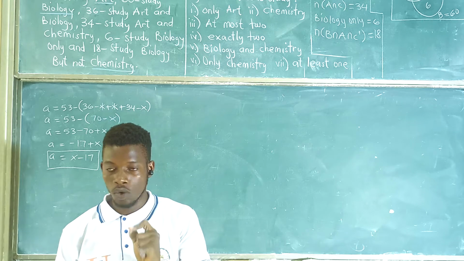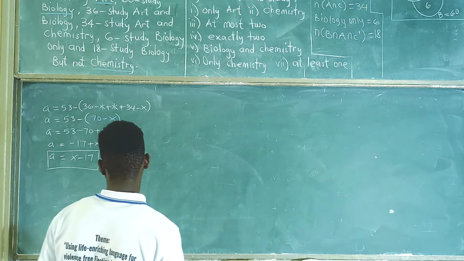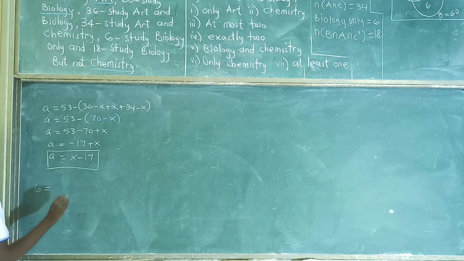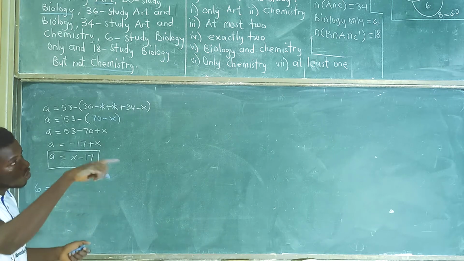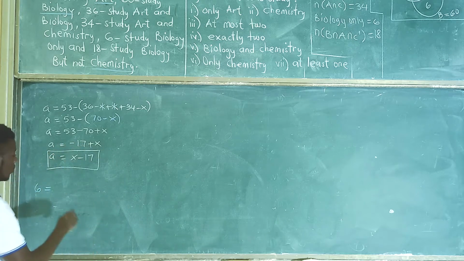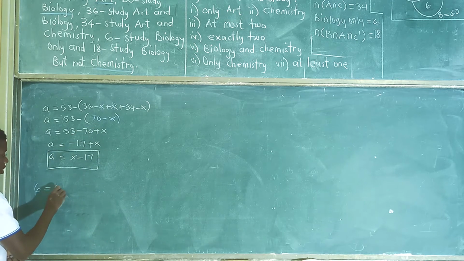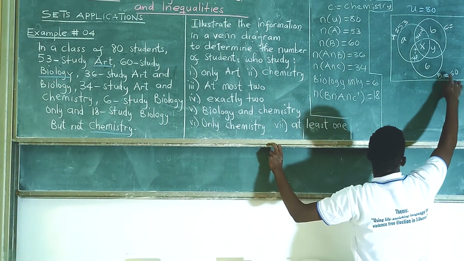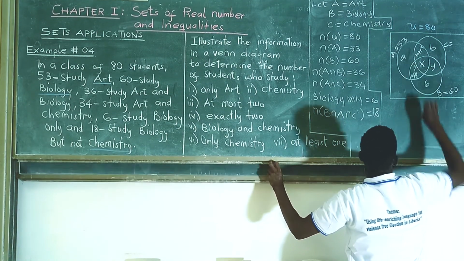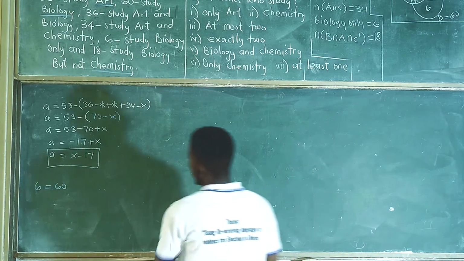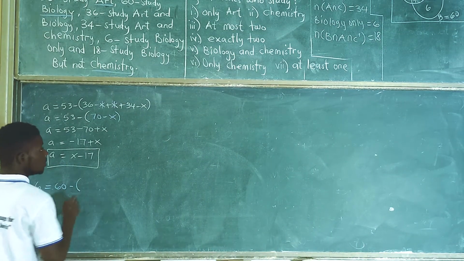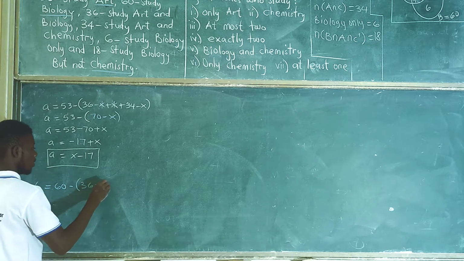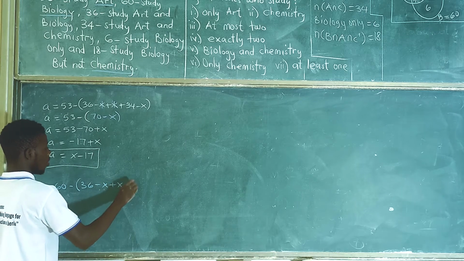So we are going to say the number of students that study only biology, which is 6, is equal to the total number of students studying biology, which is 60, minus this plus this plus this. So 60 minus the biology part, that is 36 minus x plus y.